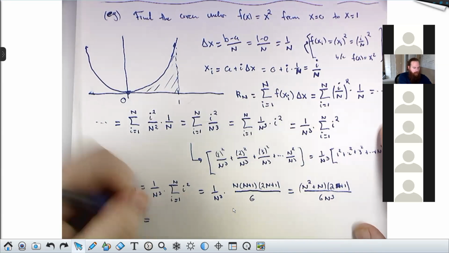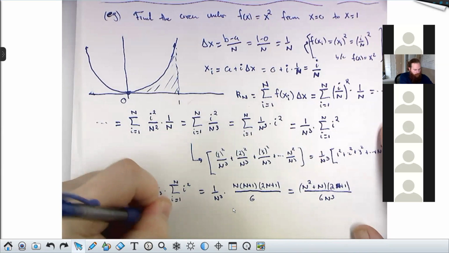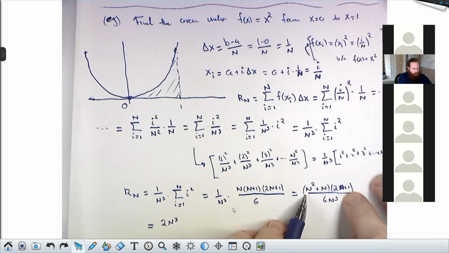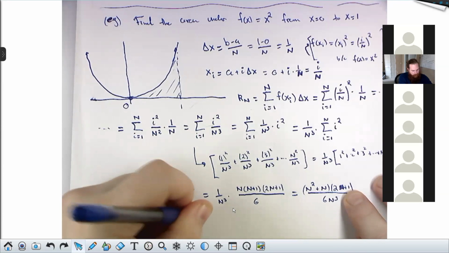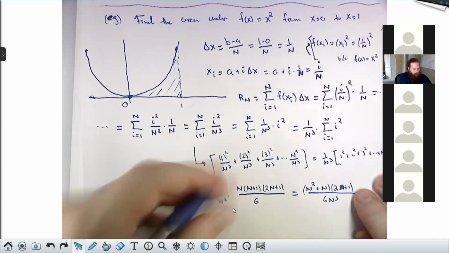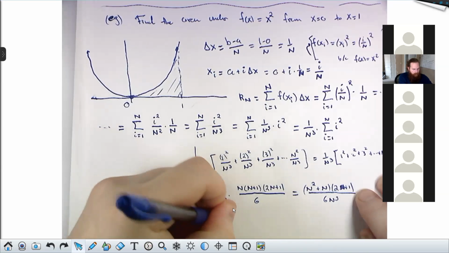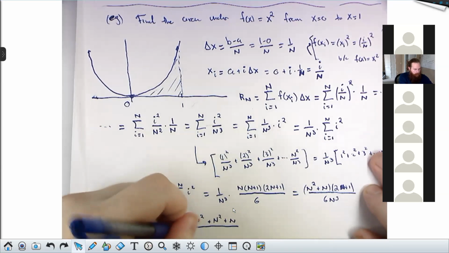And if I multiply n squared plus n times 2n plus 1, I'll get 2n cubed, that's my firsts, plus 2n squared plus n squared plus n, all over 6n cubed.